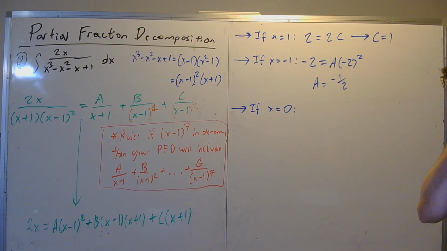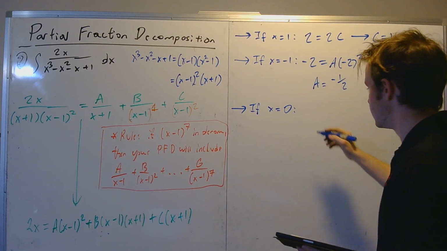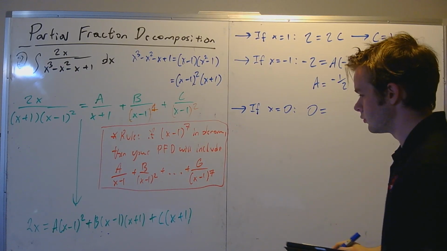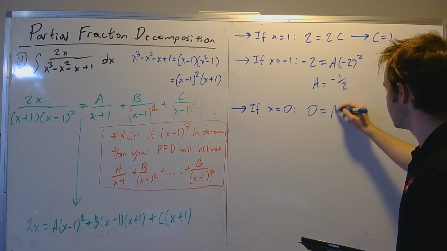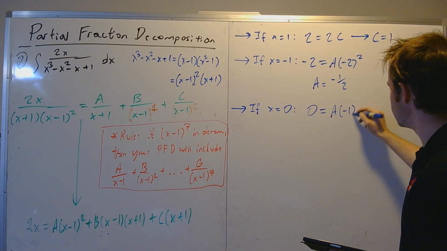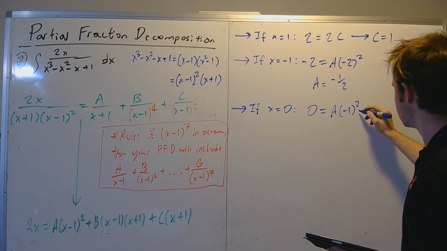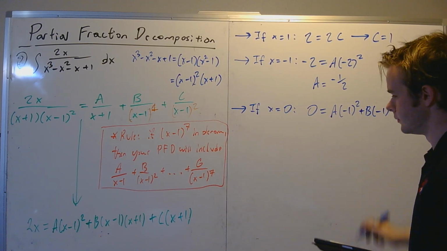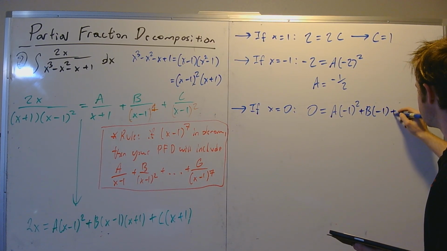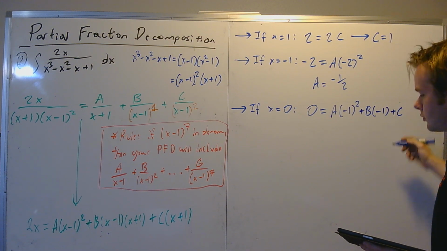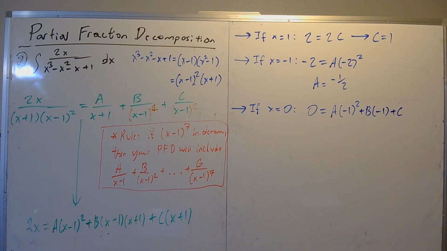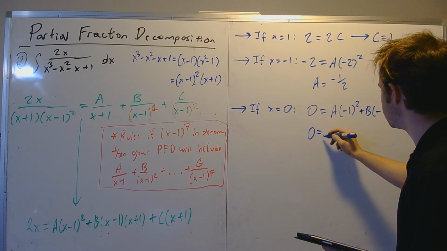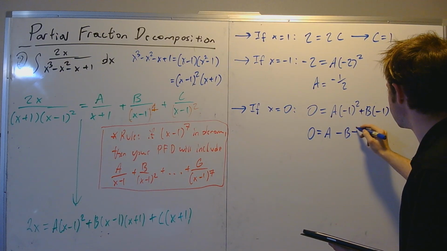If x equals 0, then the left side is 0, and the right side is going to be a times -1 squared plus b times -1, plus c times 1. So this is what we get, and we can say this is just 0 equals a minus b plus c.